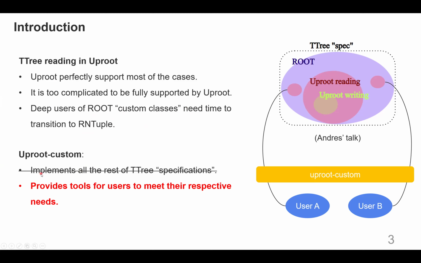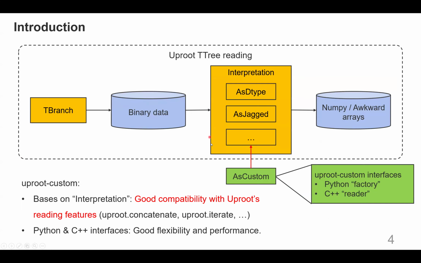The uproot-custom is not aiming to implement all the rest of the TTree specifications. Instead, it just provides some tools for users to meet their respective needs, just as this figure shows. The uproot-custom acts like a bridge that allows different users to achieve different demands. And this figure shows the general process of uproot TTree reading. The branch gives binary data to the uproot interpretation, and the interpretation transforms binary data into NumPy or awkward arrays.